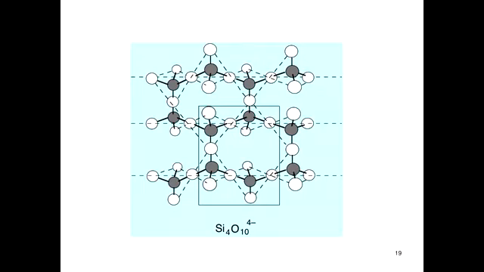Now you can go through that same routine and try and count the atoms, but a better way to do it, recognising that all silicons are the same, is to concentrate on, say, this silicon here.